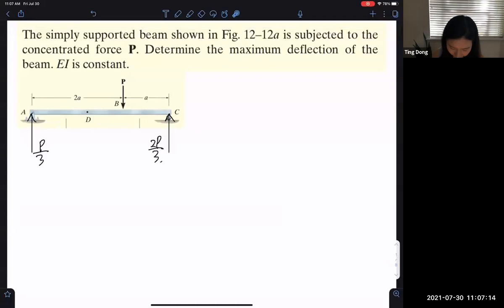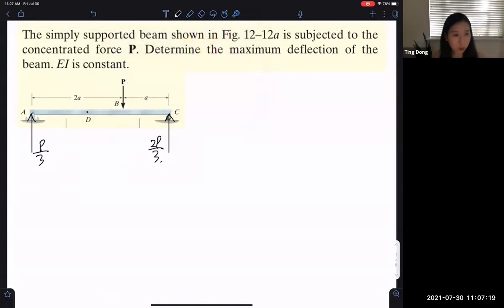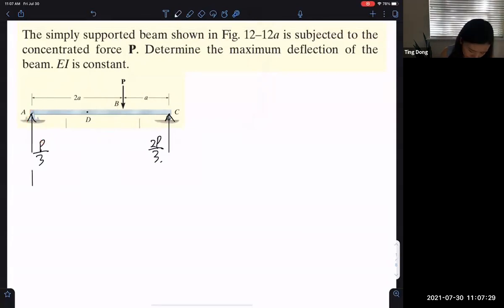So now let's go back to this problem. We are done with the reaction force, and as I said, we need to separate this into two parts. If this is the x axis from left to right, then the first section is when x is greater than 0 and smaller than this point, 2a.